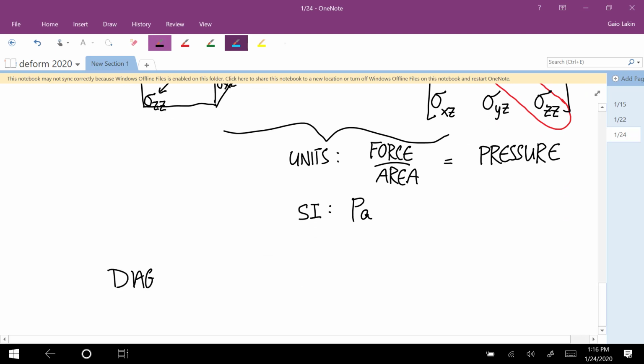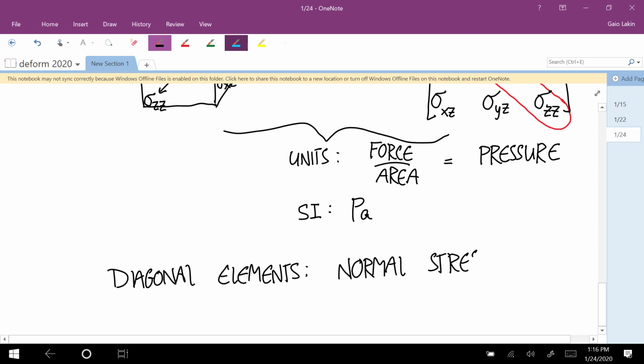So the diagonal elements are the normal stresses, and each is perpendicular to the face.